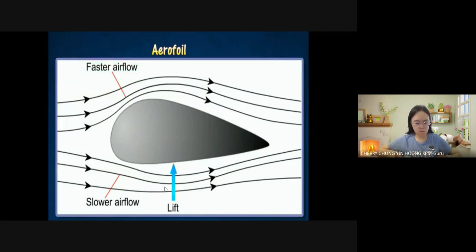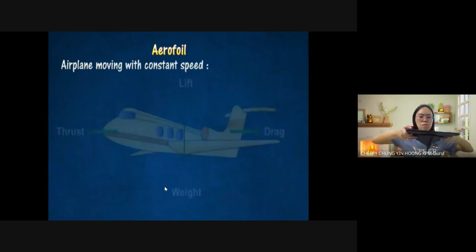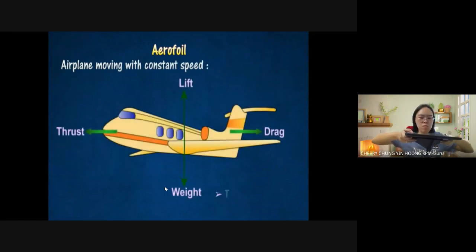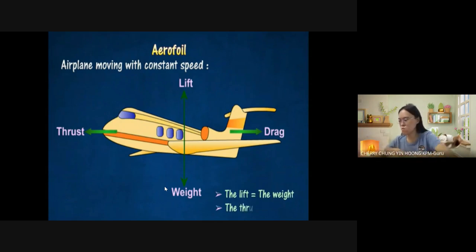Pressure difference between the air below and above the airfoil produces a resultant upwards force known as a lift. When an airplane is moving horizontally at constant speed, the weight of the airplane is balanced by the lift. The thrust is equal to the drag. Thrust is the force produced by the engines, while the drag is a force resisting the motion of the airplane.